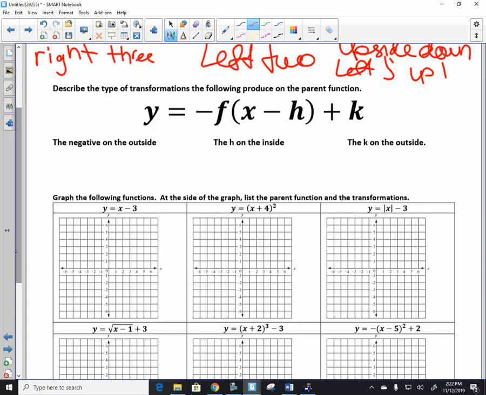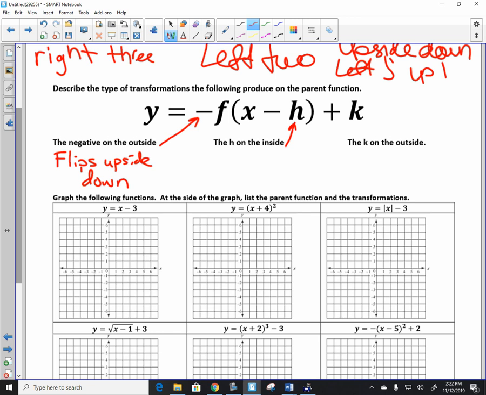So let's summarize and try the problem so you can see exactly what's happening. What happens when you get a negative on the outside? Flips upside down. What happens when we get an H on the inside?